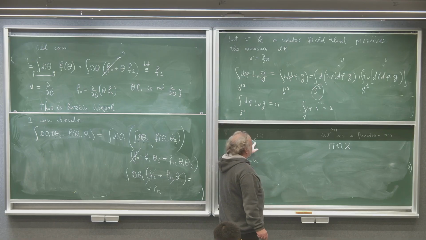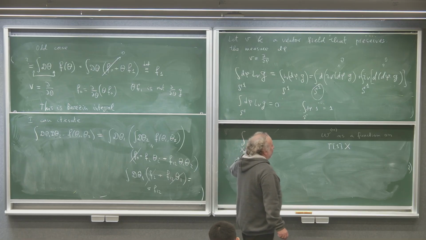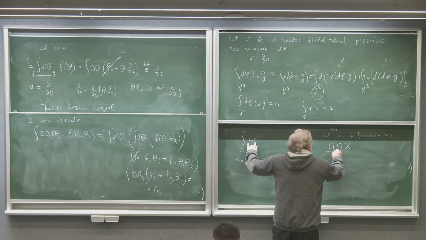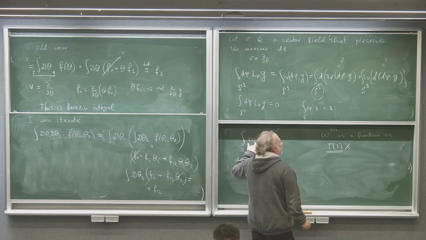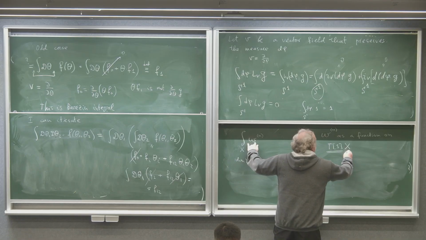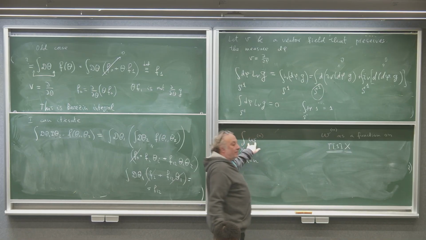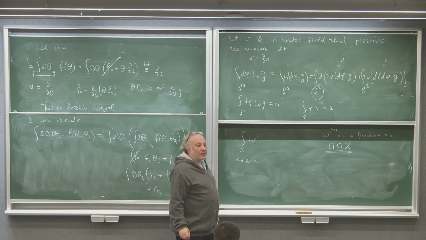And let us try to understand it in the following way. We need to take the integral over the fiber and then take the integral over the base. How does it work?